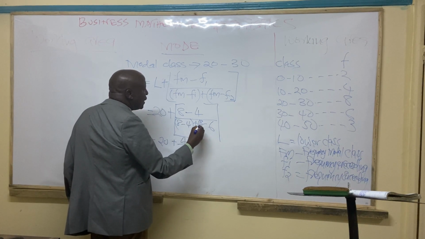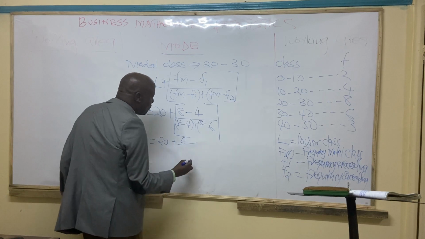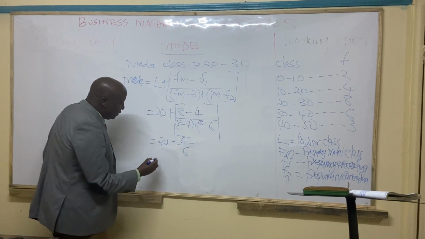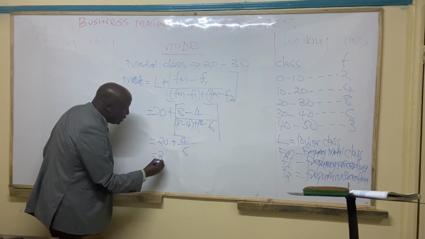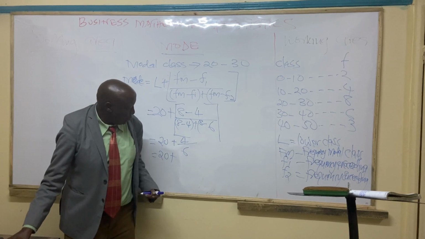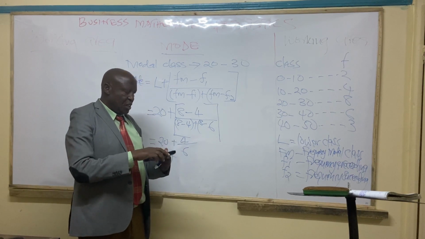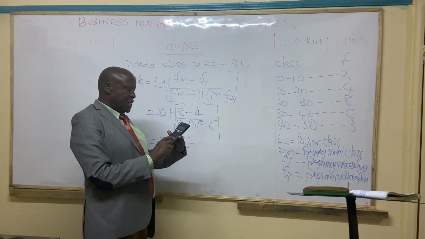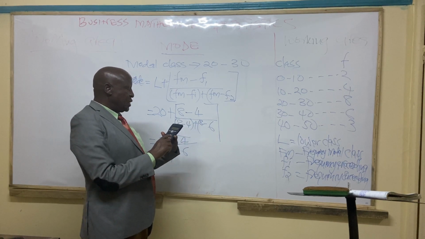So it's 4 plus 2, which is 6. So now we say 20 plus, we divide 4 by 6. Dividing 4 by 6, we get it.